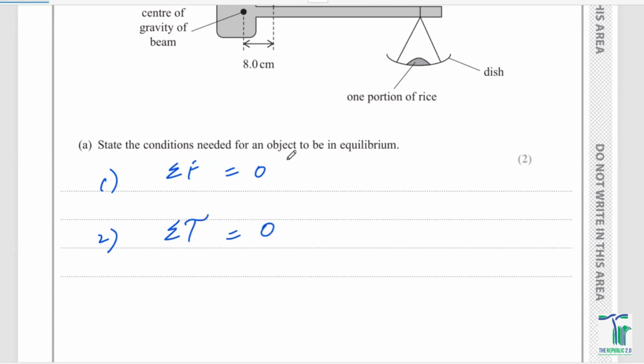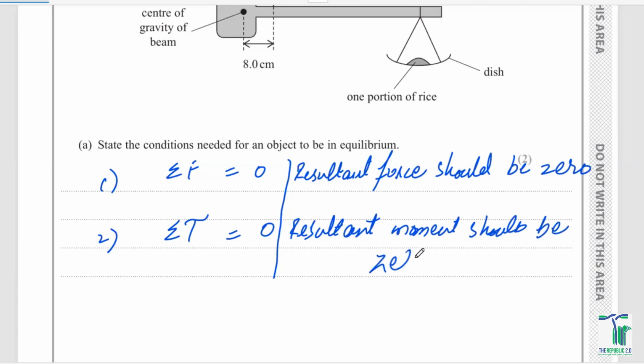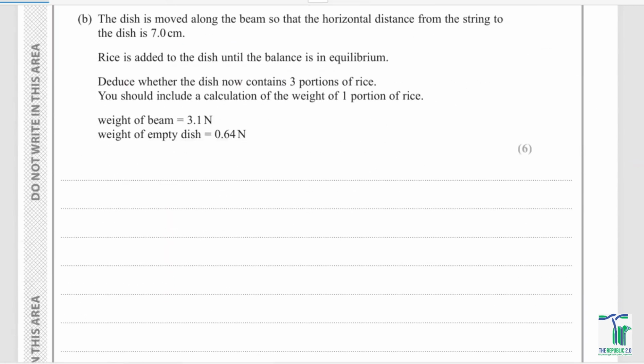You just need to write it in theory that the resultant force should be 0, and then resultant moment should be 0 as well.